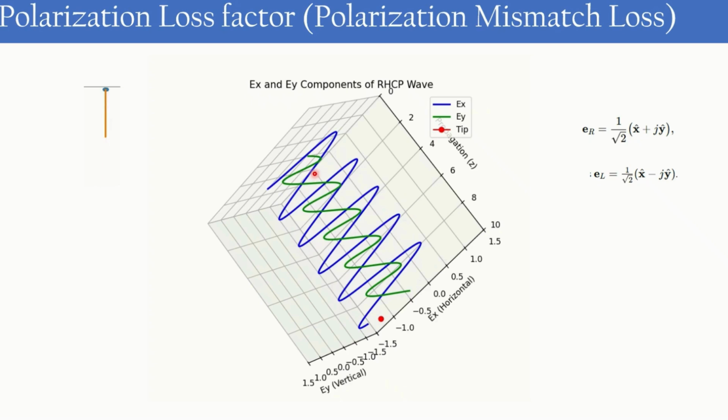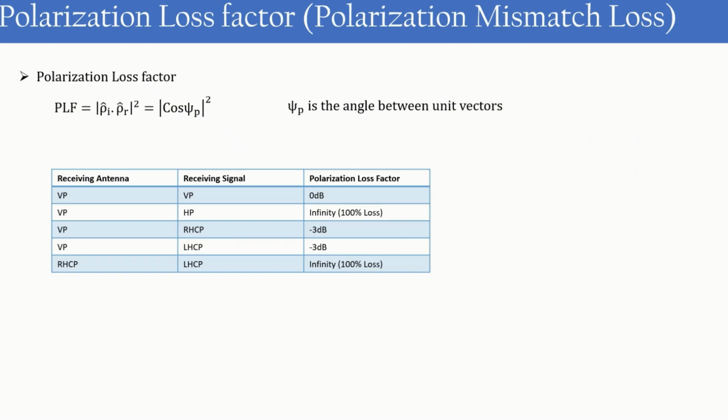That is why we have a loss of 3 dB when we consider a vertically polarized antenna and a received signal of RHCP or LHCP. So this is the loss that will occur in this case.